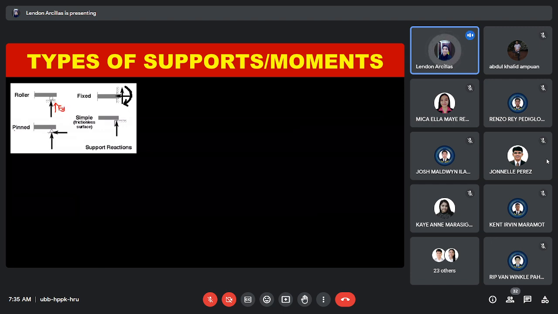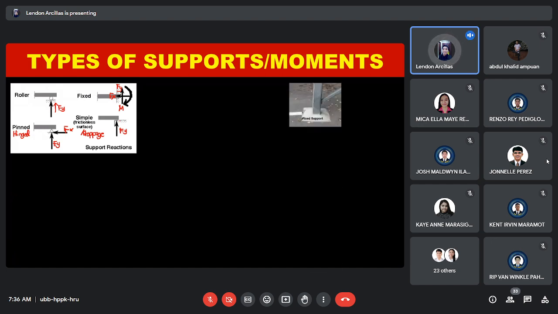Next, pag pinned or hinged, there will be two supports, the FY and the FX. Next, yung ating fix. Sa fix naman, meron din tayong F of Y, F of X, and a moment of support. Next, if that is simple frictionless support or the stoppage, we will also have one support, or we call Fy kung nasa vertical siya na axis. Kung horizontal naman, we call it F of X. So, depende sa kanyang line of axis.